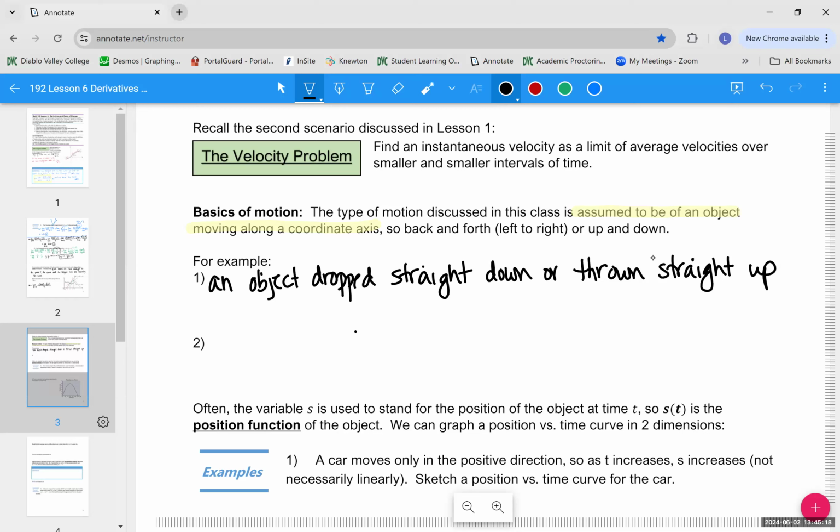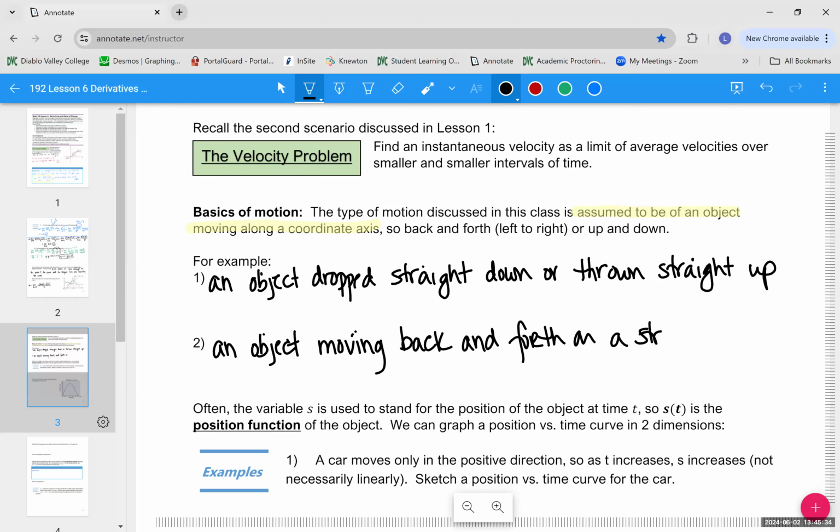It's just straight up and down. Or you could have an object moving back and forth on a straight, horizontal track. So those are the kinds of motion that we're talking about.